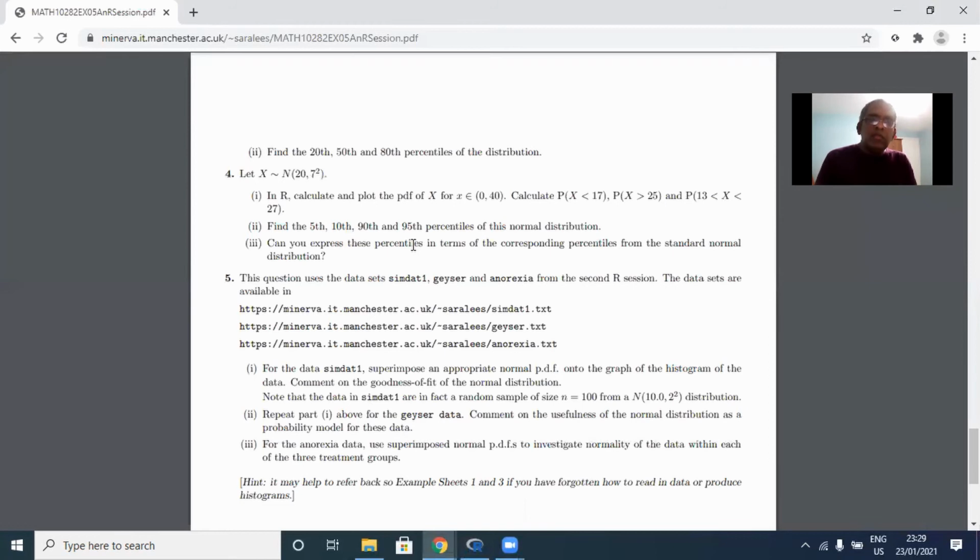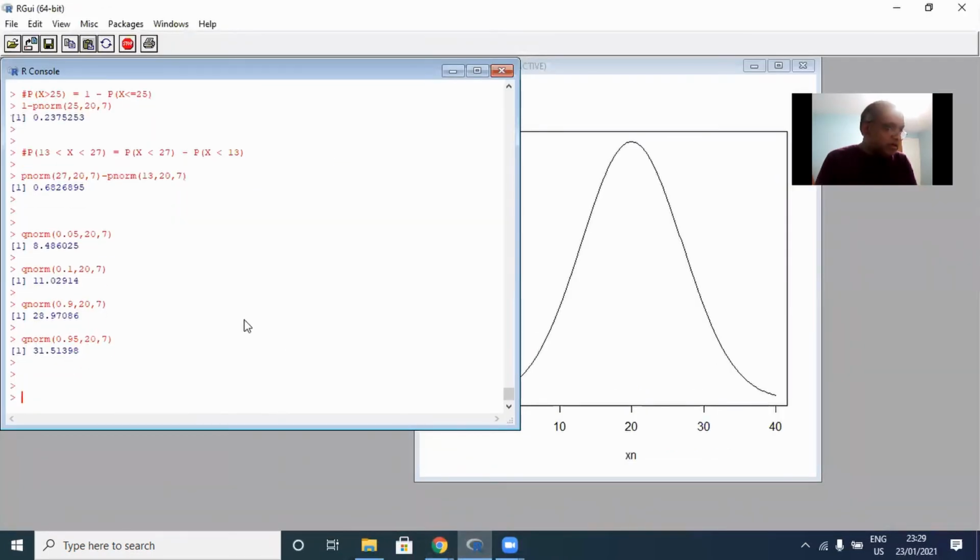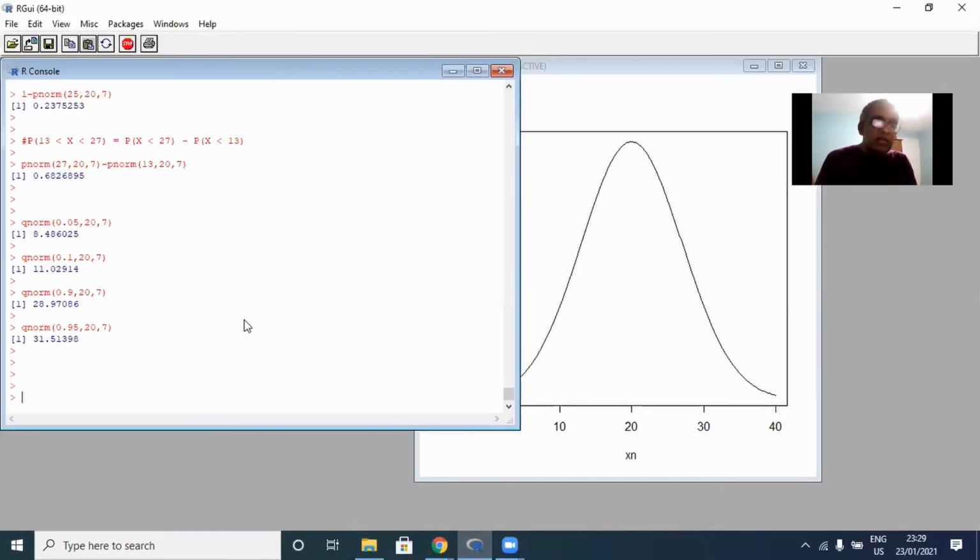Part 3, can you express these percentiles in terms of the percentiles of the standard normal? Yes, you can. To do part 3, you need to know the following fact. I might have talked about this in the lecture notes. At least it must be in the lecture notes.